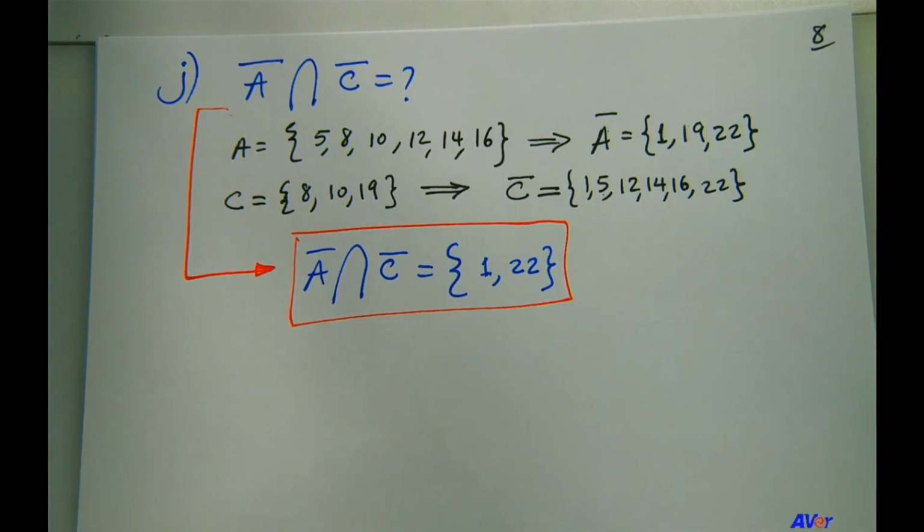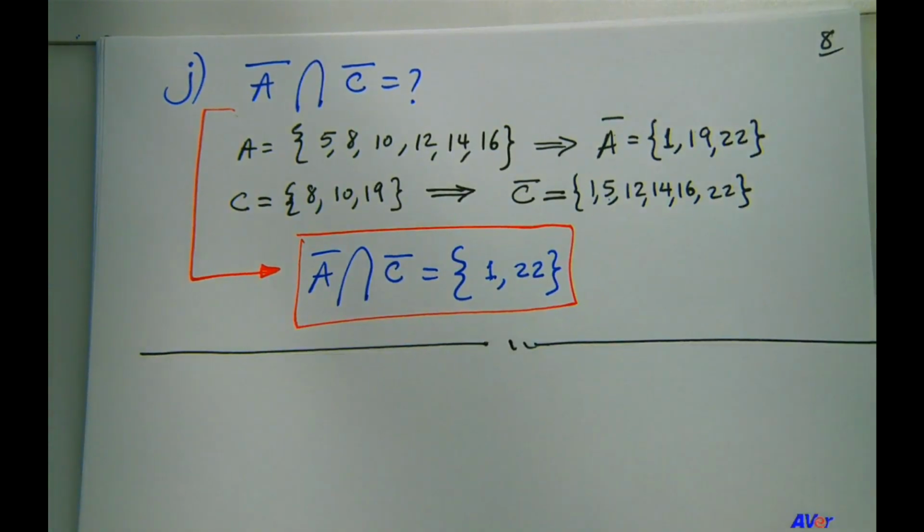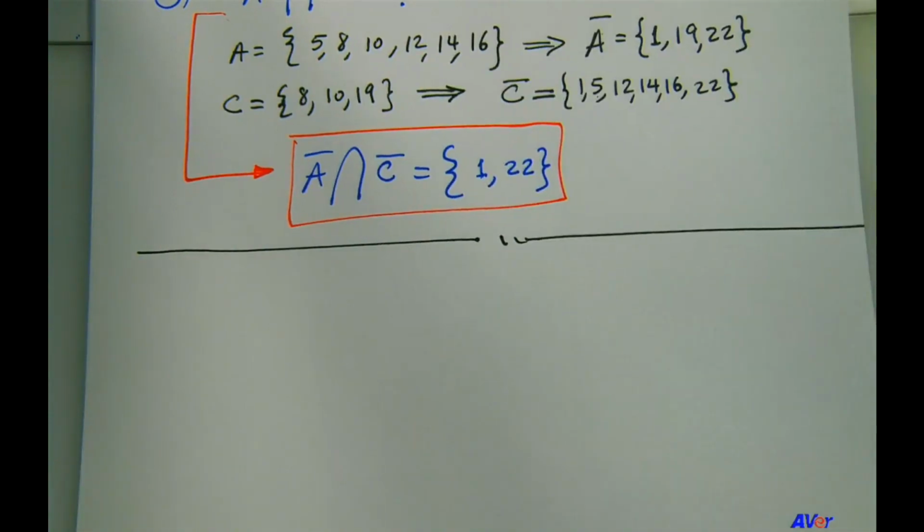Okay, so the next thing we have to look at are the Venn diagrams. I want to go to a new page, even though I have plenty of space here, because that's not going to be enough for me to show all the examples.